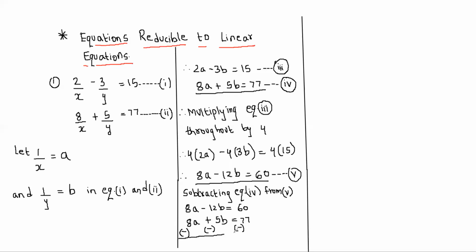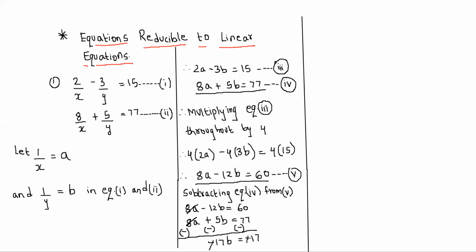And let us subtract. So 8a will get cancelled. Minus 12 minus 5 will give us minus 17b. And 60 minus 77 will again give us minus 17. So here we can cancel this minus.